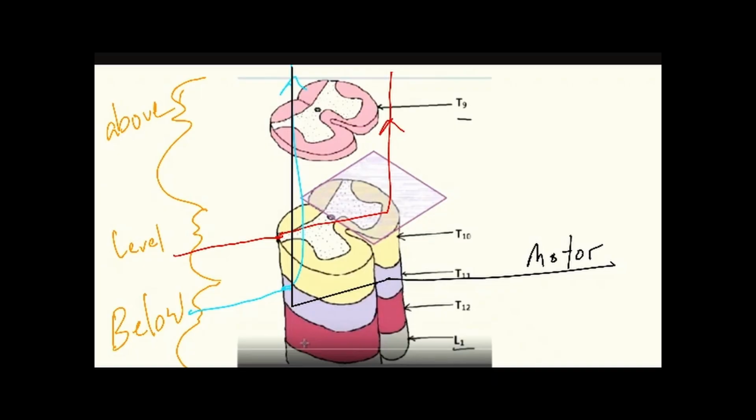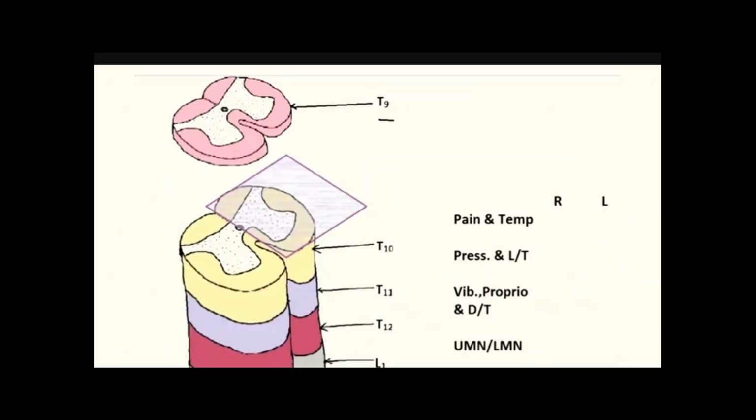Okay, we're going to redraw this every time anyway, so it doesn't matter. So the first one we're going to look at is below the injury. So the injury is all of this on T10.